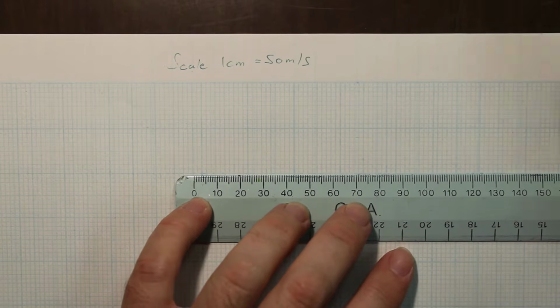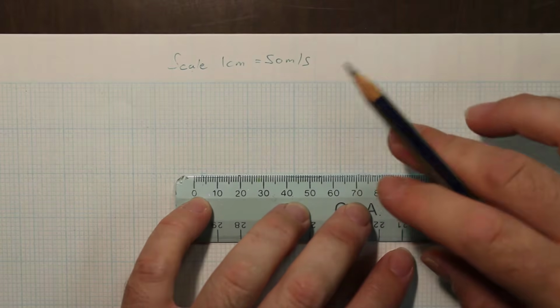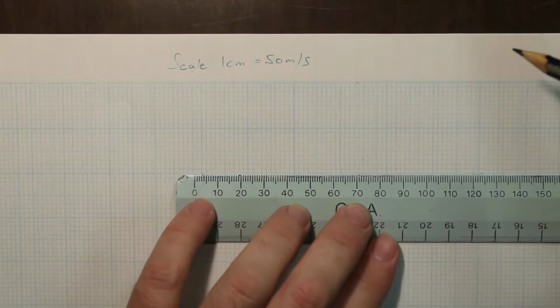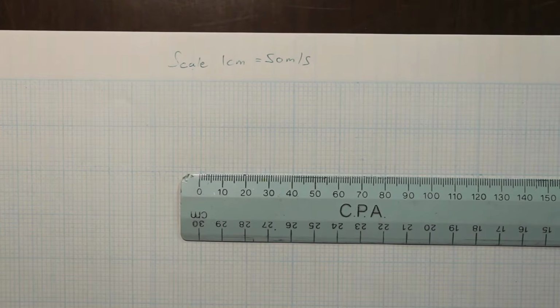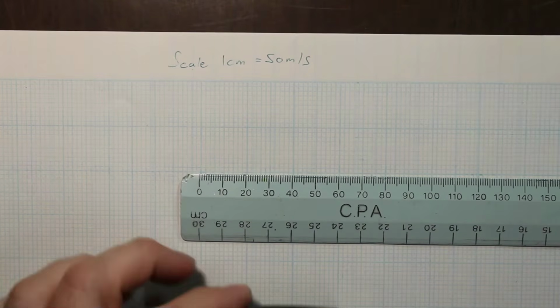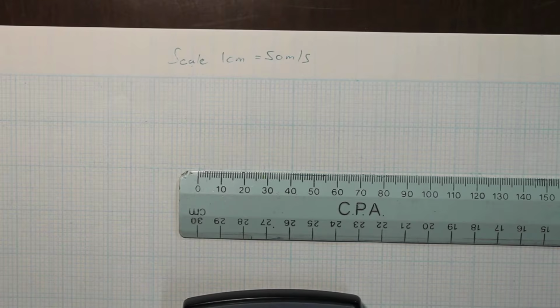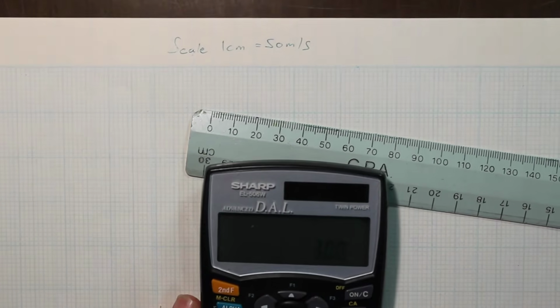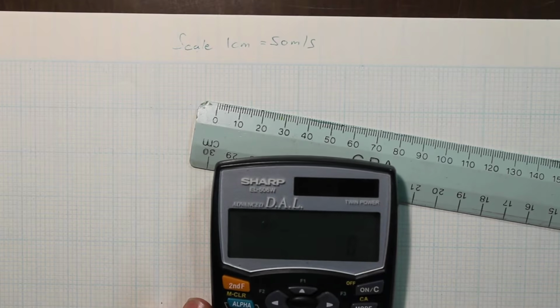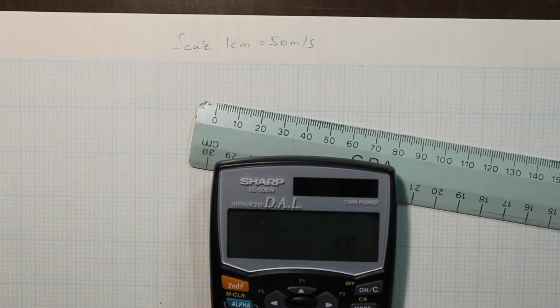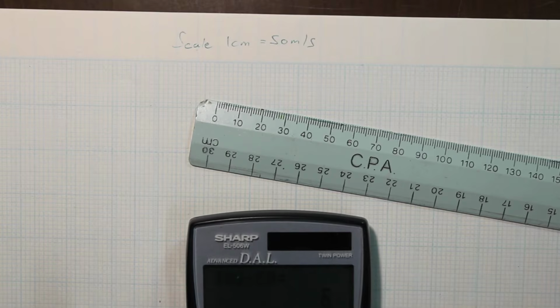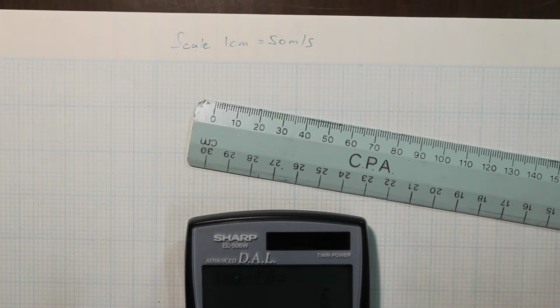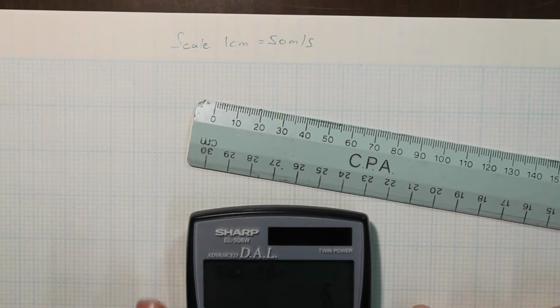So we have to use the scale. On our calculator, we say 300 meters per second divided by the scale of 50 meters per second equals 1 centimeter. So we have to make that line 6 centimeters long.